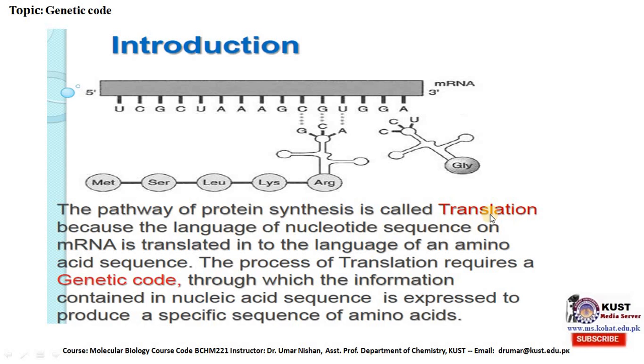We will talk about translation in detail in the coming lectures, because the language of the nucleotide sequence on messenger RNA is translated into the language of an amino acid sequence. The process of translation requires a genetic code through which the information contained in the nucleic acid sequence is expressed to produce a specific sequence of amino acids.